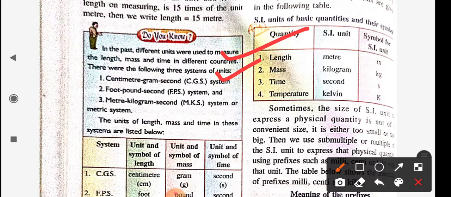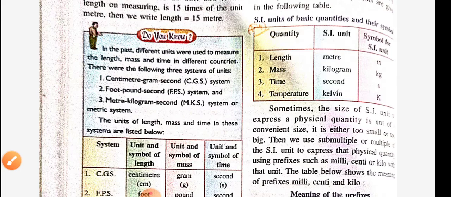The third quantity is time, the unit of time is second, and we write the symbol as s. Now the fourth quantity is temperature, and the SI unit of temperature is Kelvin, and we write the symbol as capital K.